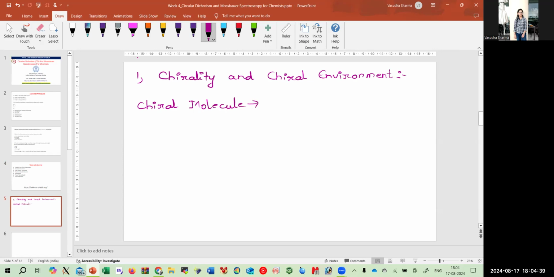The definition says non-superimposable mirror images. And if we talk about the molecules with point groups which are chiral, they come in the category of Cn or Dn.